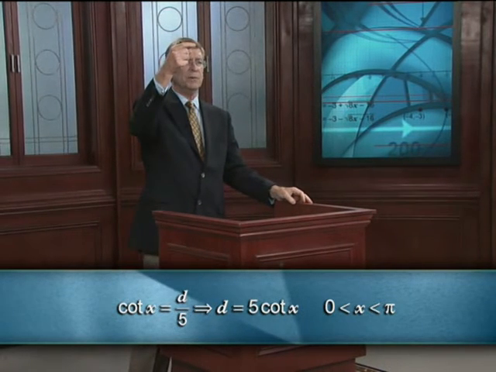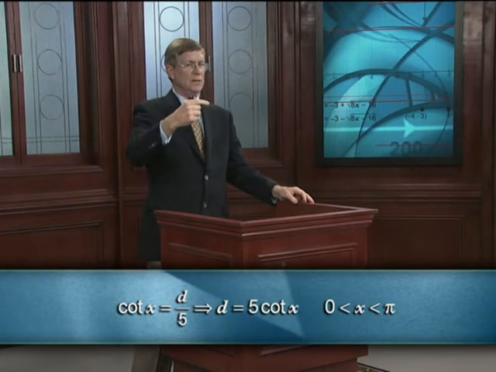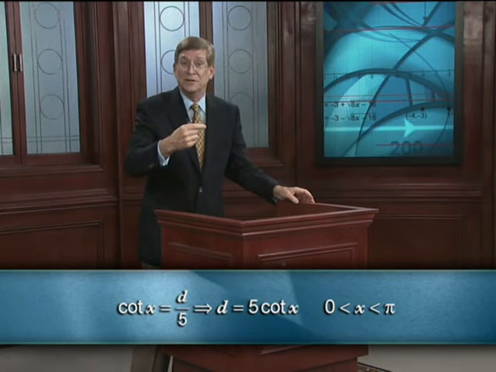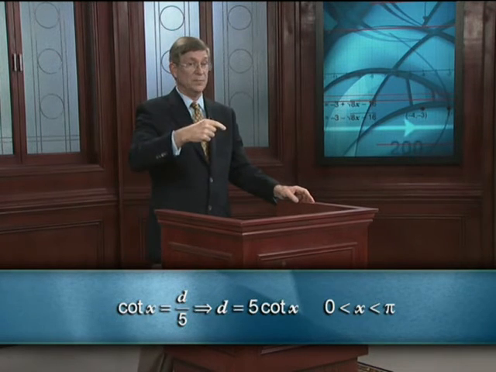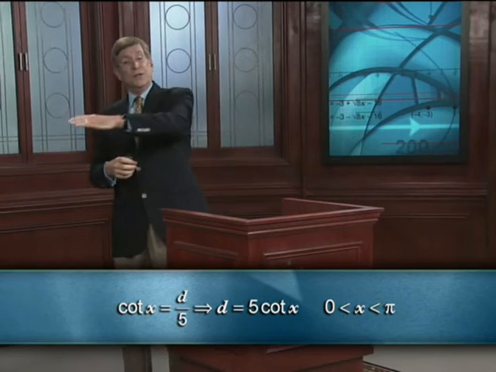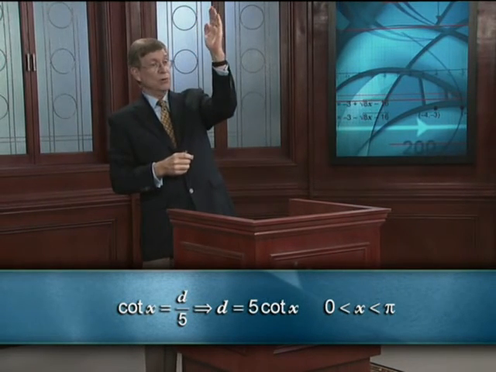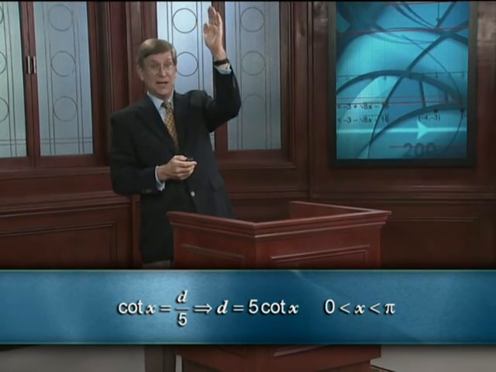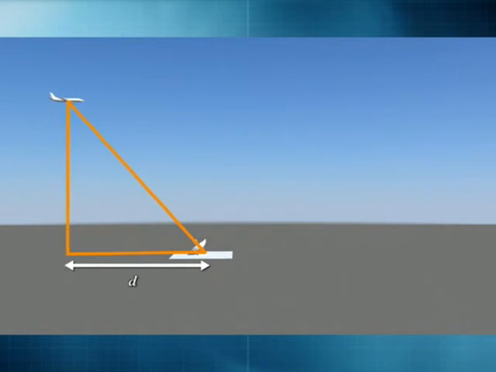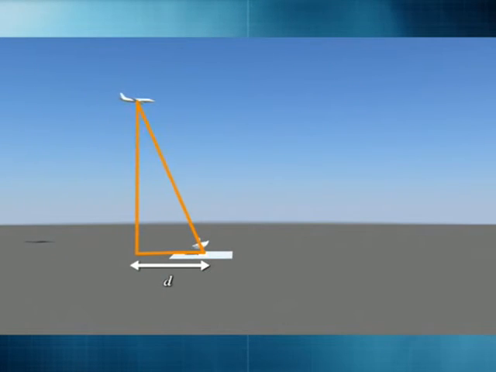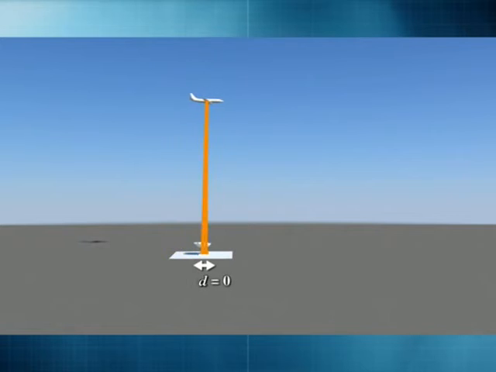That's cosine pi over 2 divided by sine pi over 2. 0, isn't it? Cosine is 0, sine of pi over 2 is 1. So the distance d is actually 0 when the plane's overhead, and that makes sense. Look at the picture. The plane is moving towards the radar station, and ultimately the distance d is 0, and then it grows in the other direction.